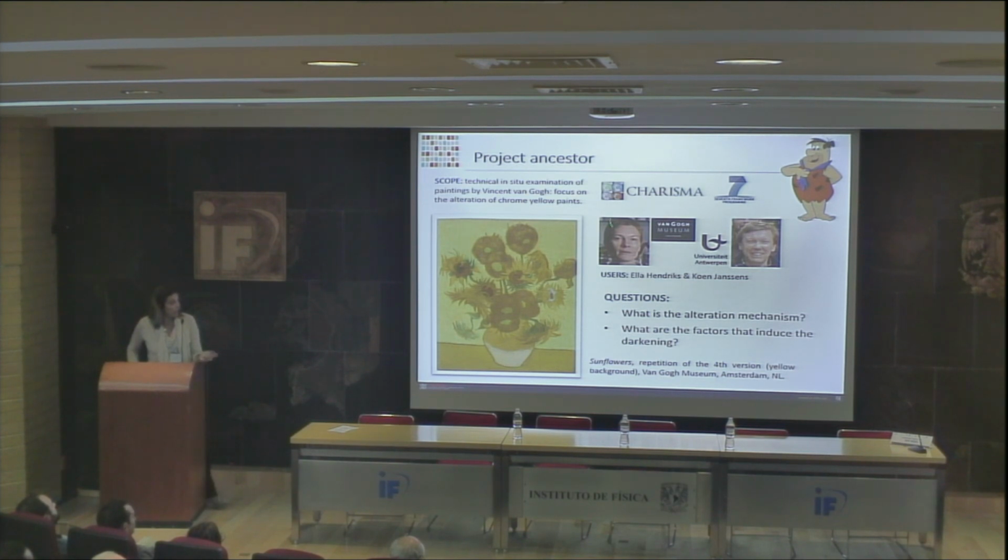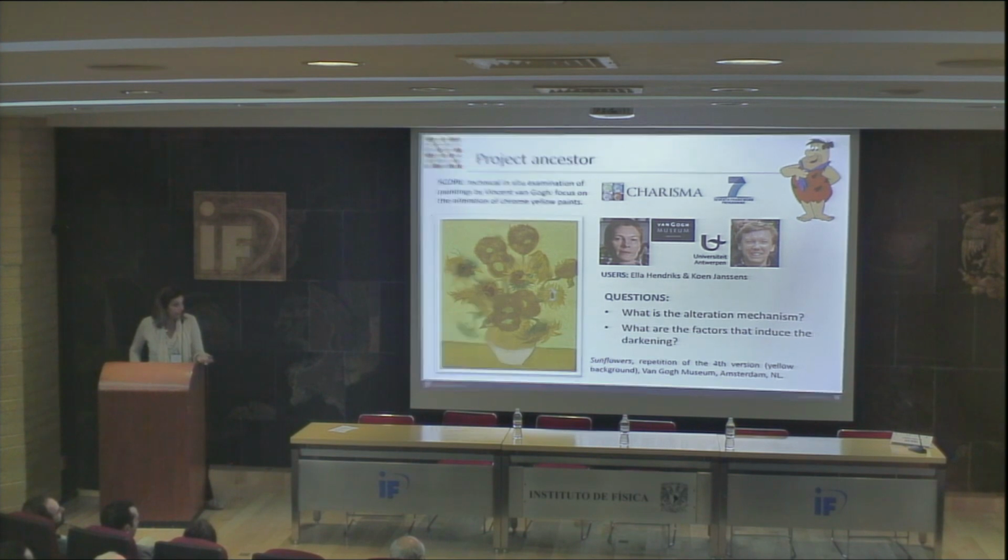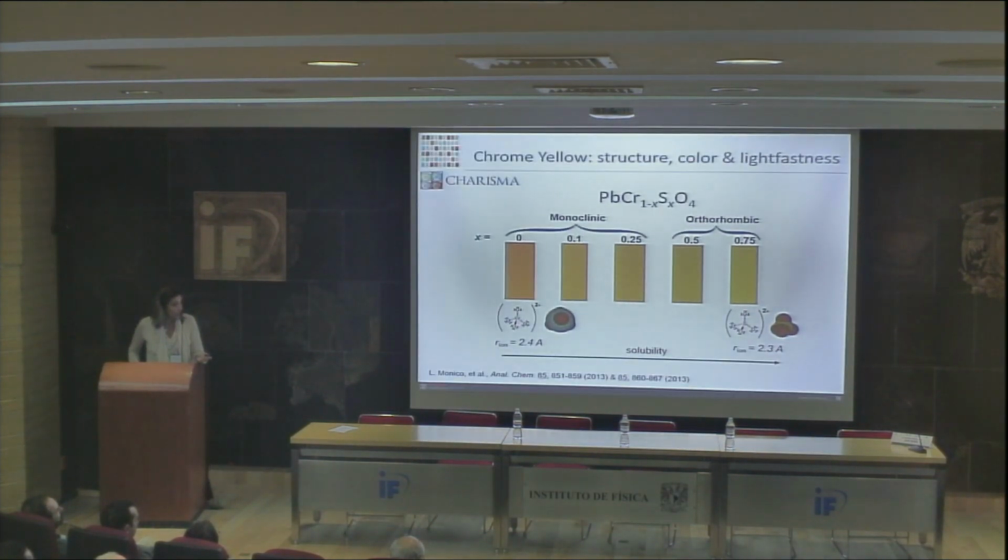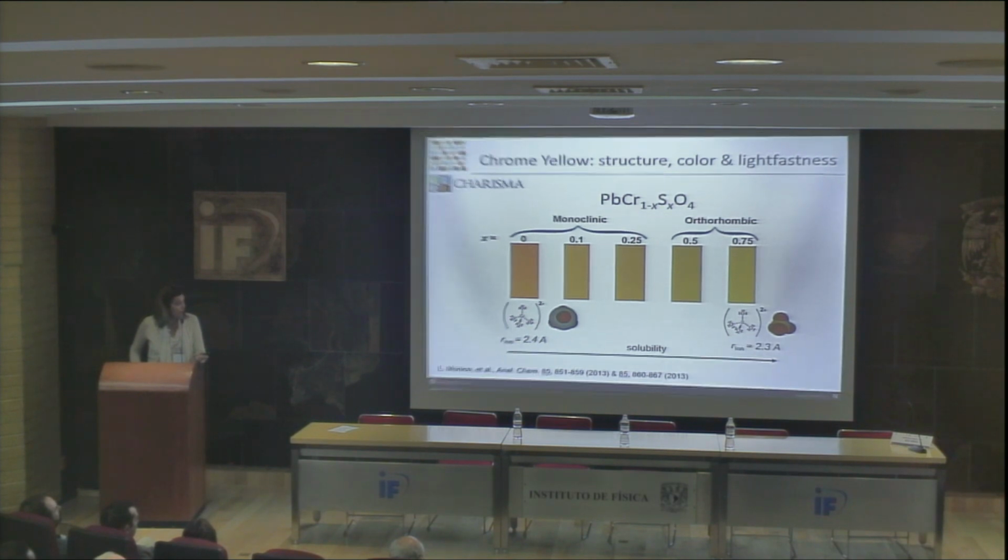Because in the framework of the CHARISMA project, the same users asked for another access with more or less the same questions. But at that time, we didn't have the OCT device, so measurements were performed by means of XRF, FTIR, and so on, and only chemical information was obtained about the chrome yellow.